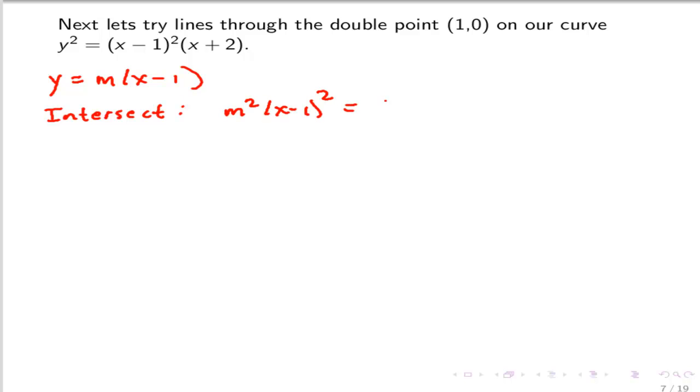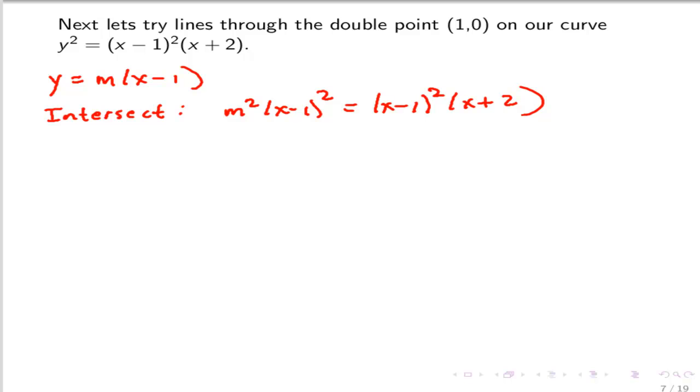Okay, now, suppose we started at the singular point instead. So let's draw a line through the double point 1, 0. So the line y minus 0 is m times x minus 1 this time. Intersect. So we get m squared x minus 1 squared is x minus 1 squared, x plus 2. And look what happens.